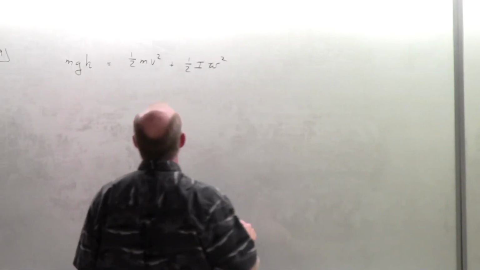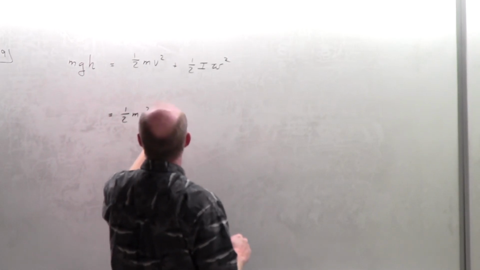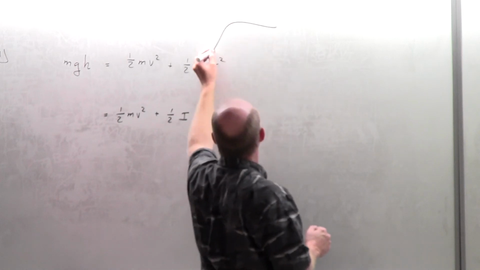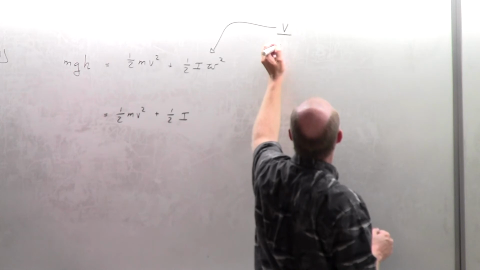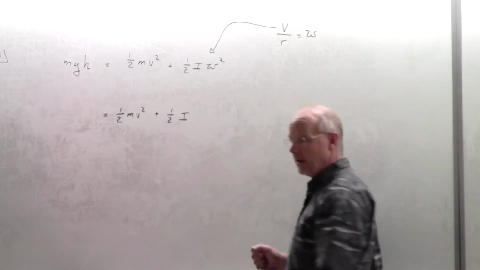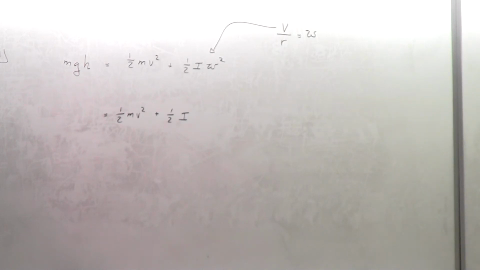And so if I keep working on this, I will put the 1/2 mv squared plus 1/2 I, but it's this part where v over r is equal to omega, right? Isn't that the connection? But here's what I want you to be careful about, and I'm disappointed that the picture doesn't show it. What's r?